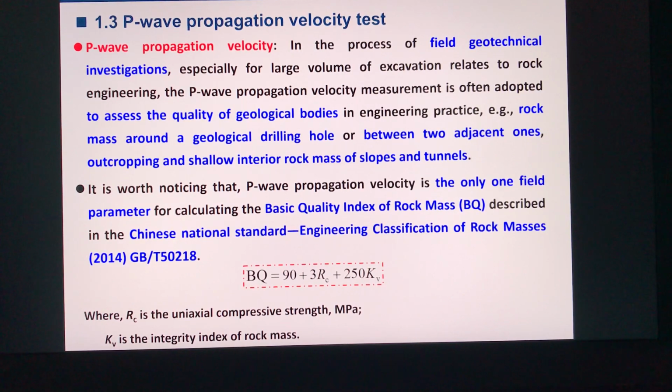We can use the following equation to calculate the BQ value. In this equation, the Rc means the uniaxial compressive strength of entire rocks, and Kv is the integrity index of rock mass.